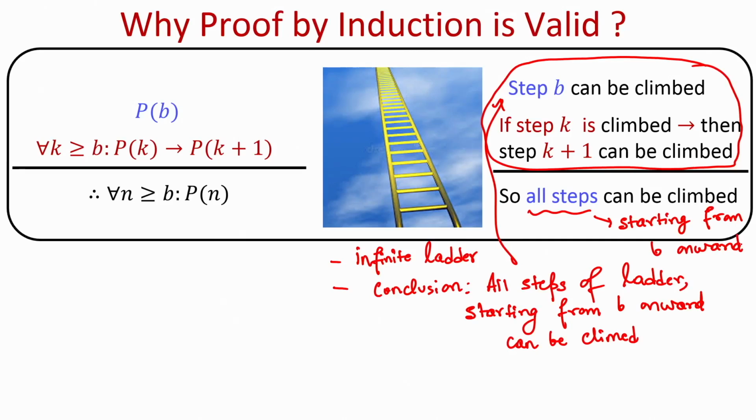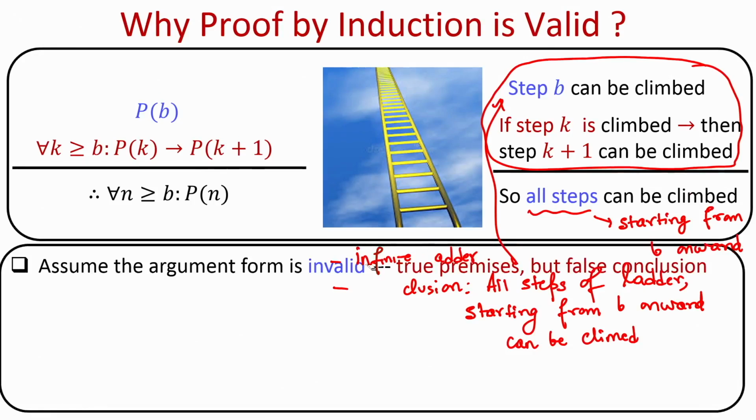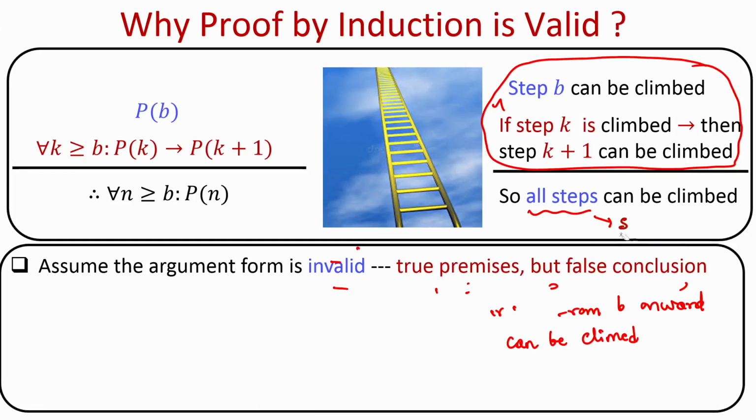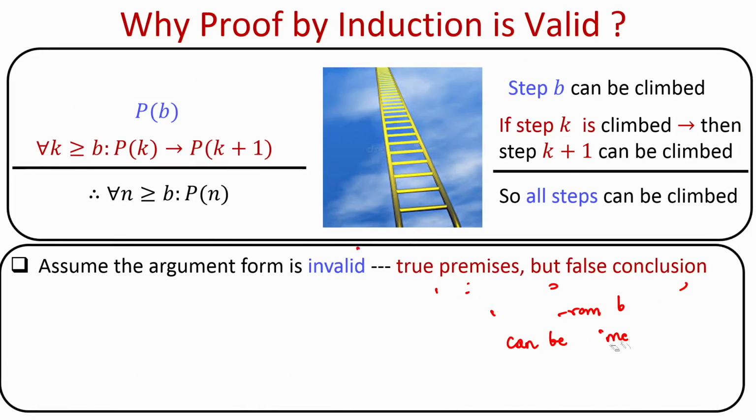The property P in this example is that you can reach step number b or step number k. So, the property that I want to prove here is that you can reach all the steps. The way we prove that proof by induction is a valid proof mechanism is as follows. Assume that the argument form of proof by induction is invalid.